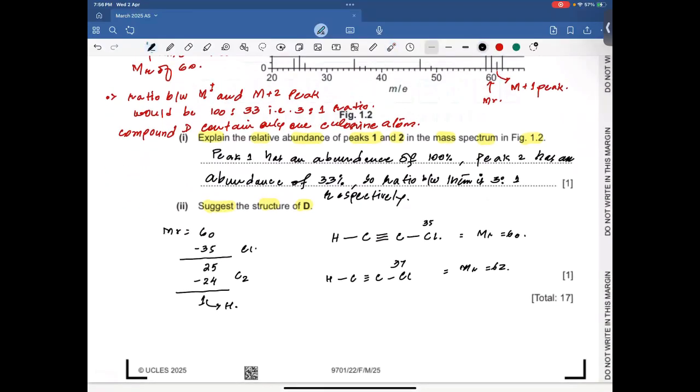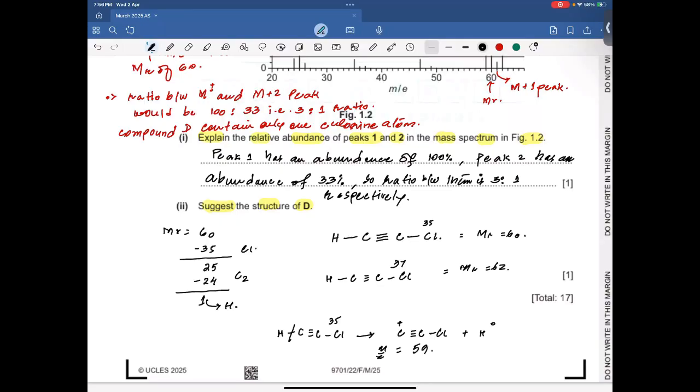One more thing. If I do some fragmentation in order to confirm my answer, let's break one bond from here. Carbon has a positive charge. That's the triple bond, that's Cl, and that's a hydrogen radical. So the mass to charge ratio for this is basically 24 plus 35, which is 59.